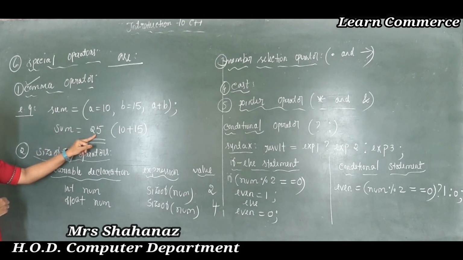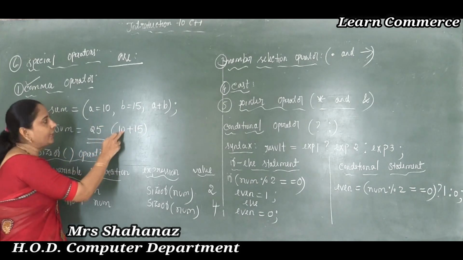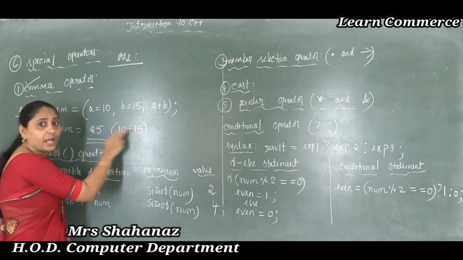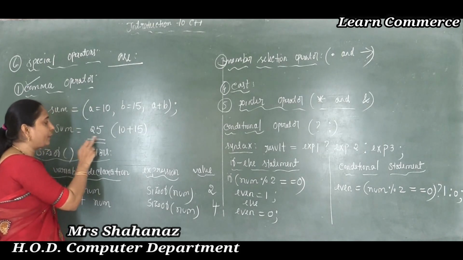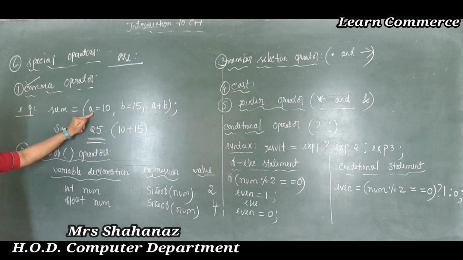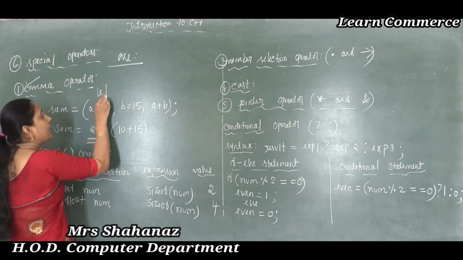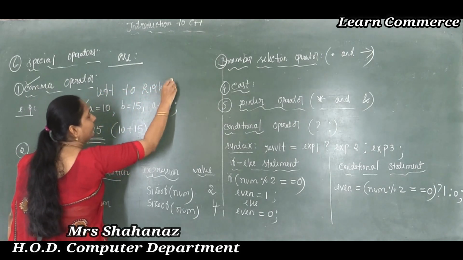How did we get the value of sum as 25? That is a is equal to 10 and b is equal to 15, so finally the value 25 is assigned to the variable sum. That means such a group of expressions separated by commas is calculated in left to right manner, in sequence.